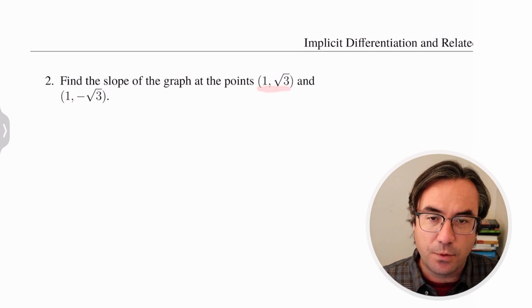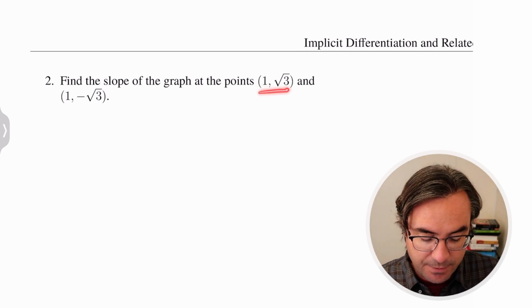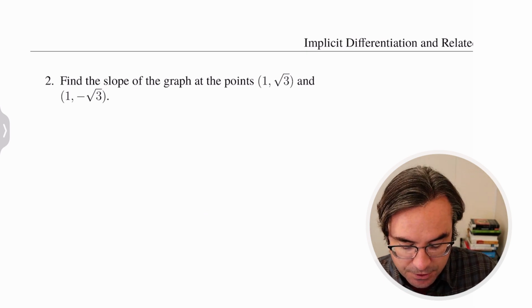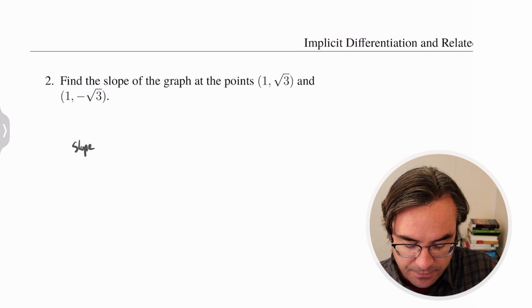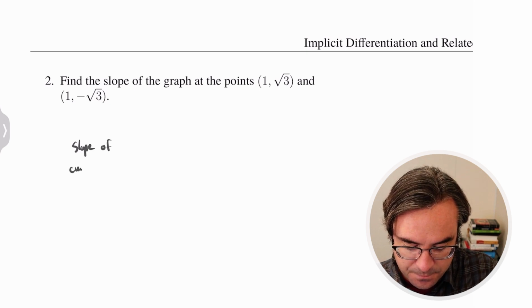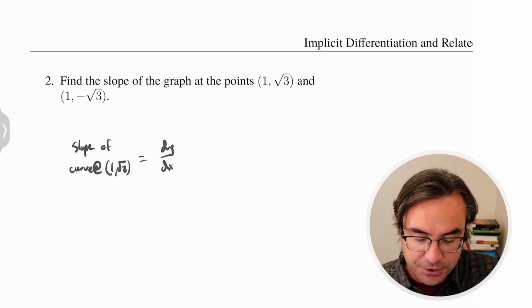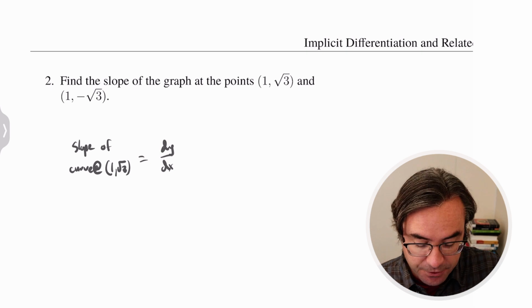And let's just do it at one point here, at the point 1 comma square root 3. So the slope of the curve at 1, square root 3 is going to be the derivative, the y prime that we just calculated.